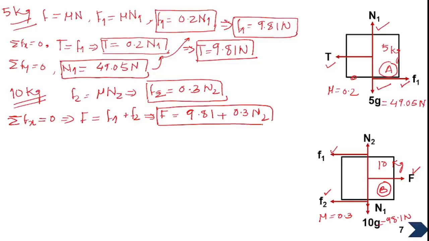Similarly we can apply the other condition of equilibrium, which is sigma Fy equals 0. This will give me N2, N1 and 98.1. So N2 is equal to N1 plus 98.1.